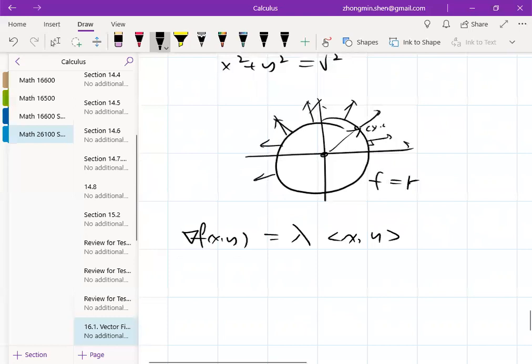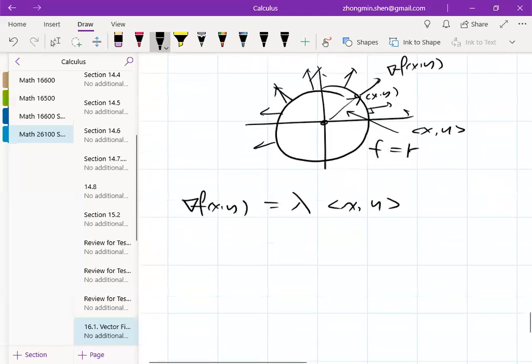Okay, if that point is x and y, then that vector will be in this notation. That's slightly different. Then this is my gradient. That should be a multiple of this. All right, so let's compute it directly. Okay, f sub x, the partial derivative, right? This is going to be x squared plus y squared to the 1/2.